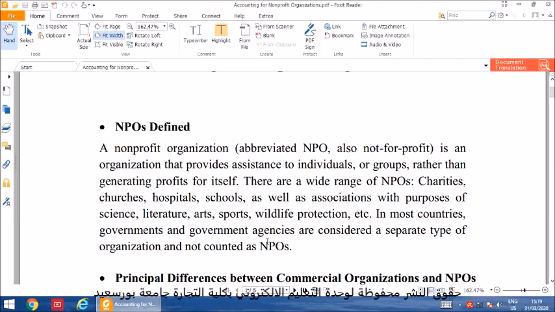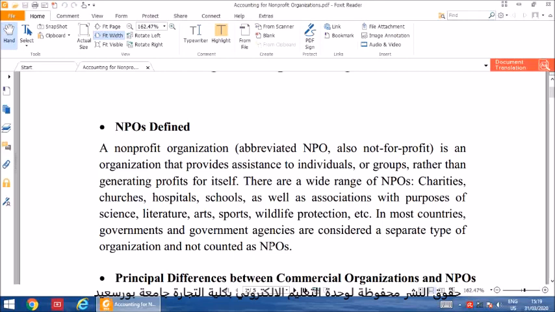It refers to accounting systems that apply in governmental agencies or governmental units. So there is a difference between governmental units and non-profit or not-for-profit organizations.